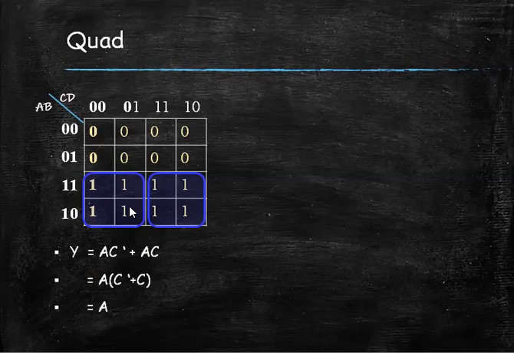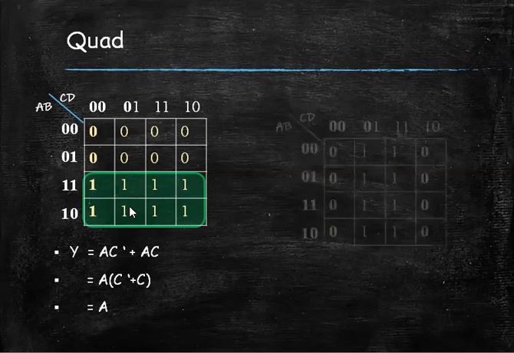Then we can say that we can group these two quads into a group of 8 ones like this. Consider another example.